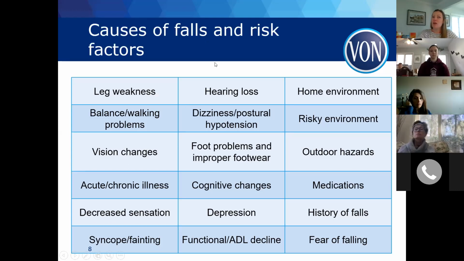And these are some of the causes of falls and some of the risk factors. There's a lot of things that could lead to someone experiencing a fall, and there could be one of them contributing, or there could be multiple, right? So this is a big list here of some of the common causes of falls and some of the risk factors. One of the first ones is leg weakness. Sometimes that surprises participants when we talk about that in the class.